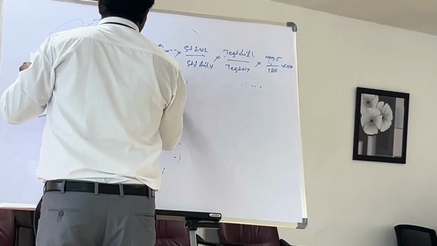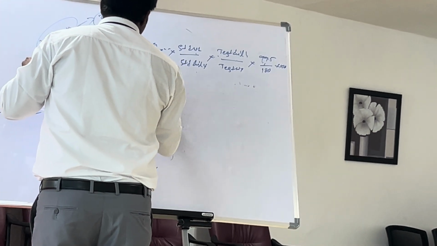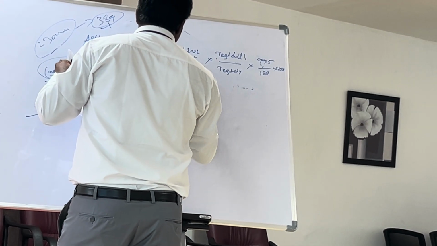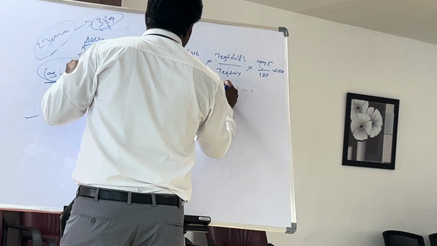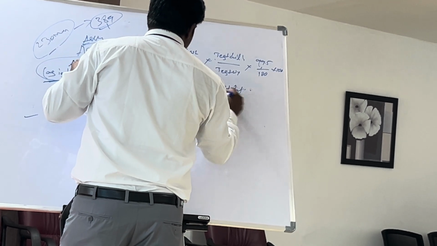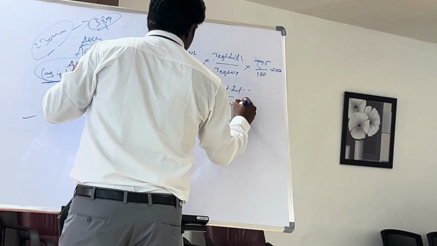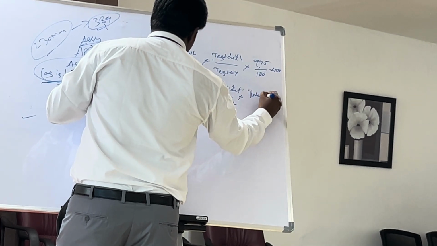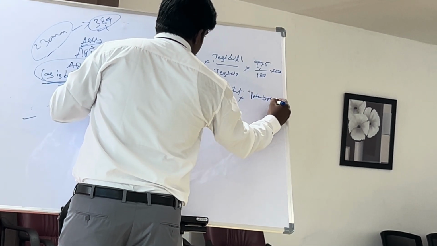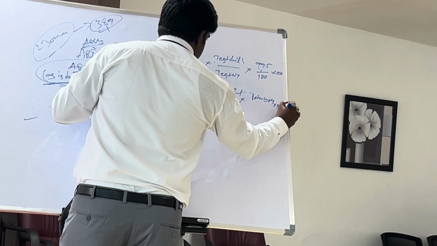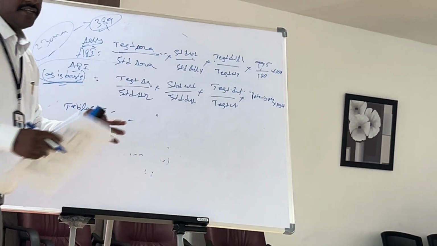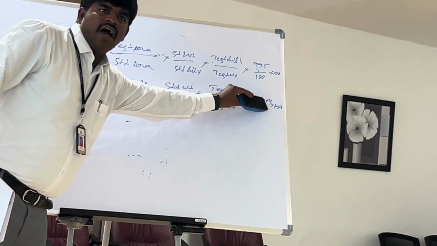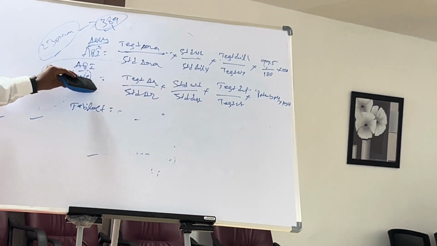Test area, standard area, standard weight, standard dilution, test dilution, test weight into potency, purity, potency of the standard into average weight. Okay? If it is a tablet, everything remains the same. If you add the average weight, then you will get the as-is value.